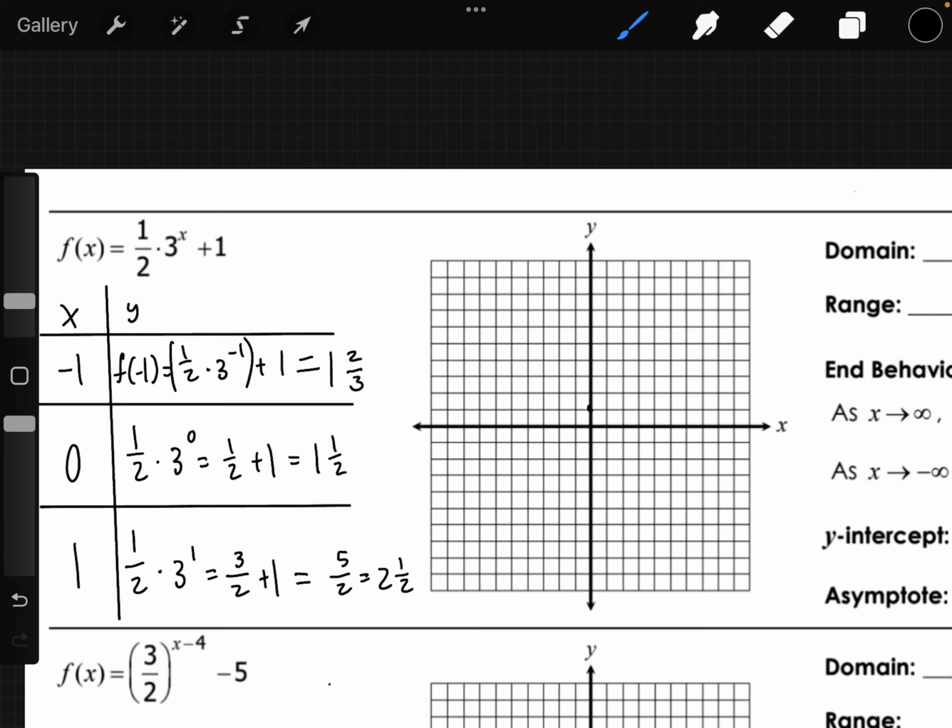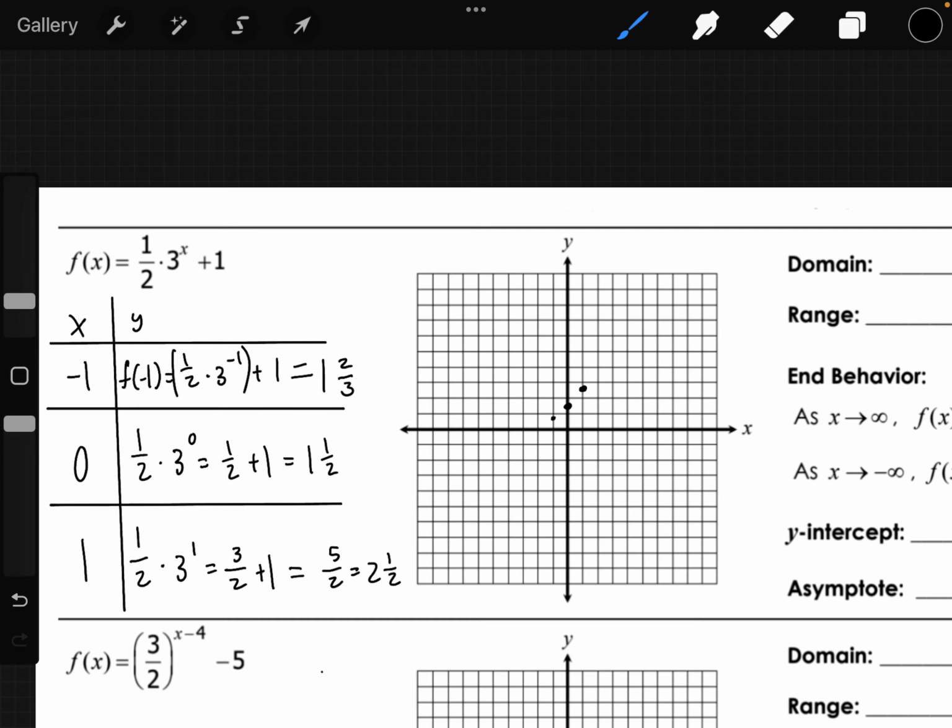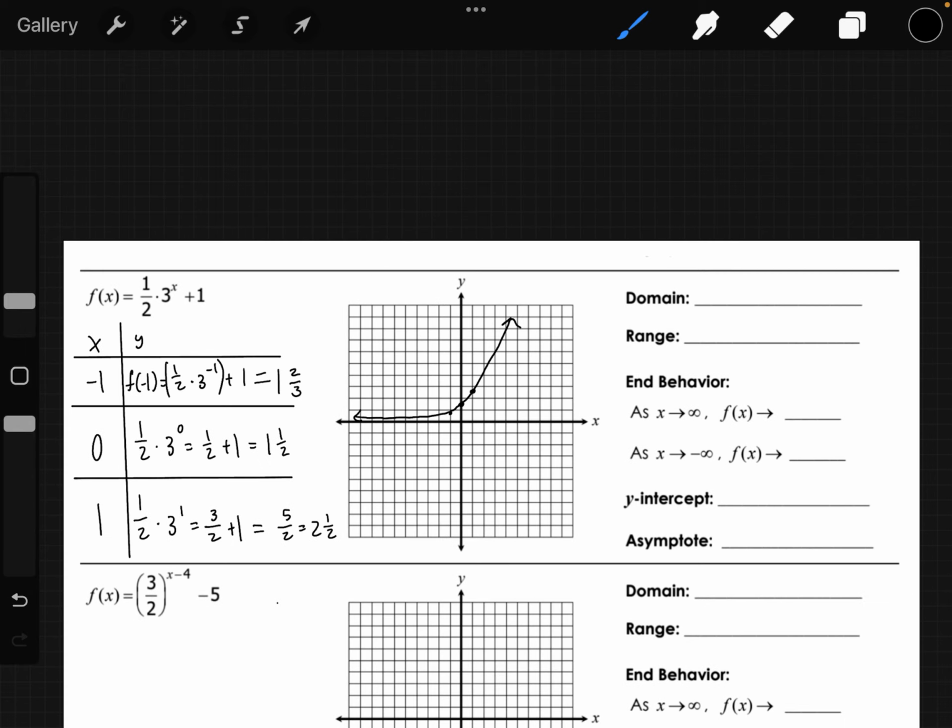So we can plot these points. We have (0, 1.5), (1, 2.5), and (-1, 1 2/3). So we see the general direction that this graph is heading in.